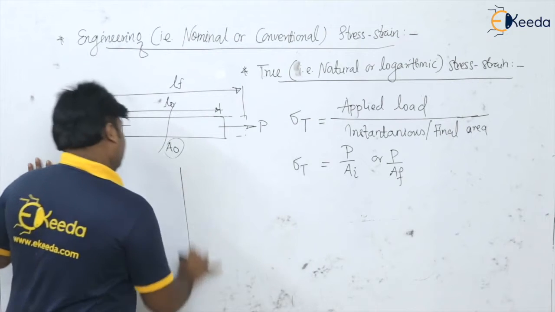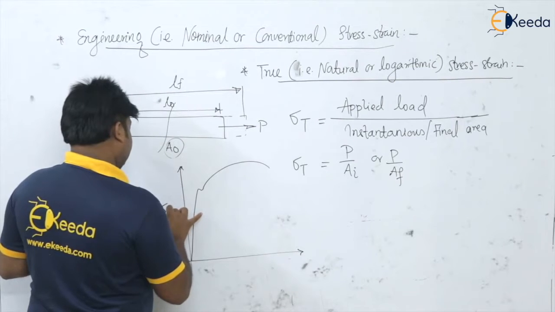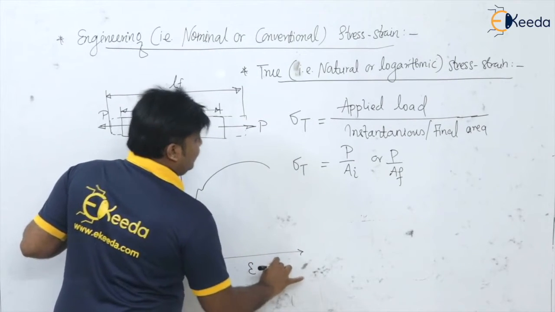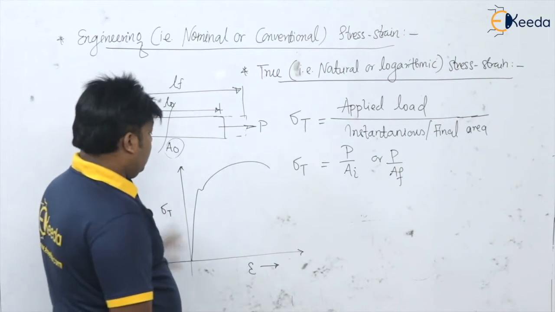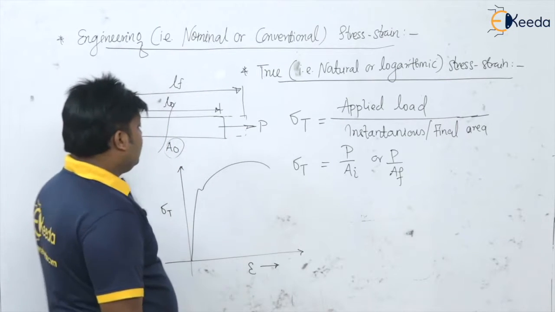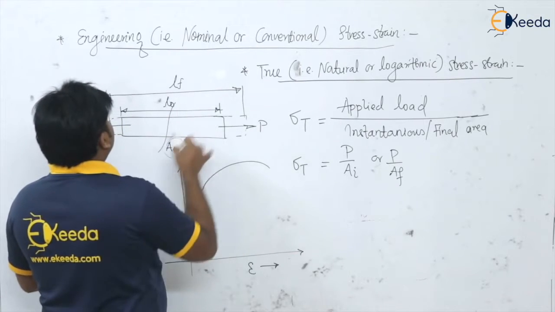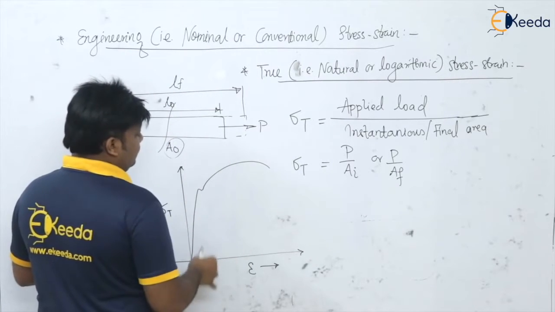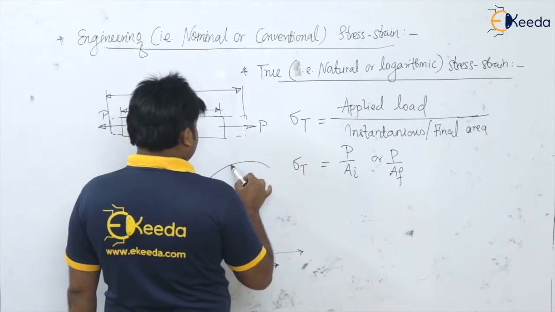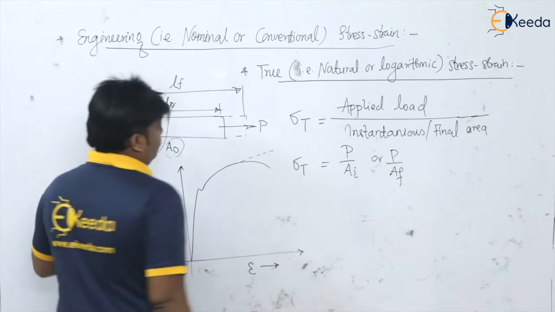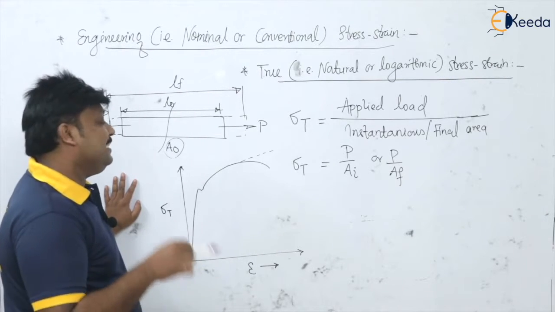In the stress strain curve, this is the true stress versus this true strain epsilon. This is sigma t, the true stress, and this is the true strain. If you look at the engineering stress strain curve and the true stress strain curve, the true stress strain curve will go like this, because there is continuous decrease in area.